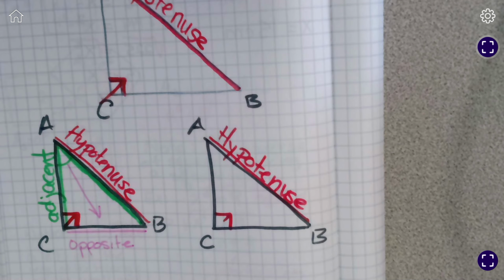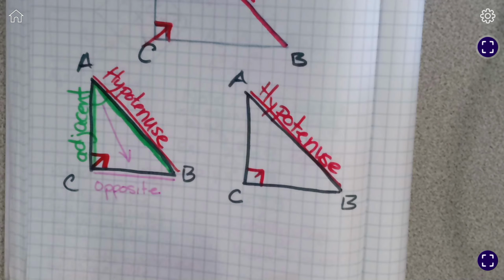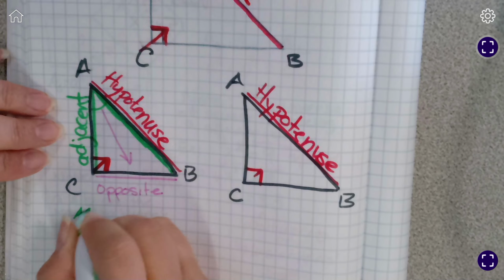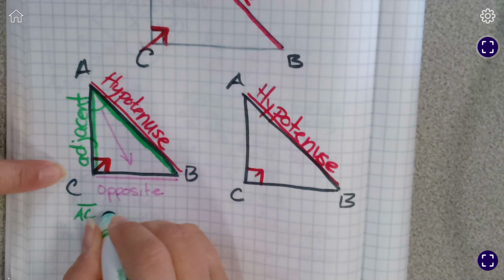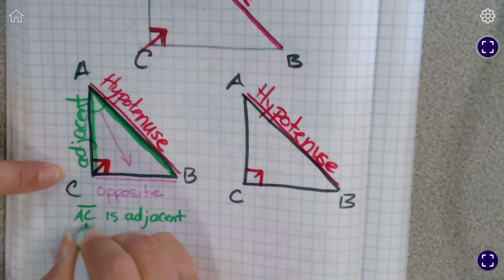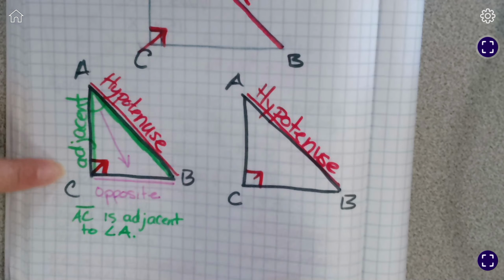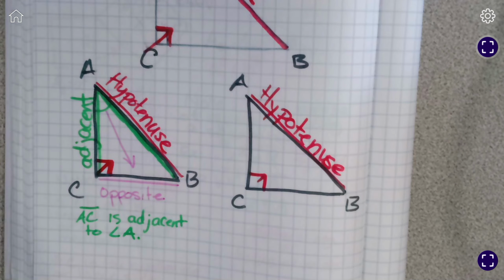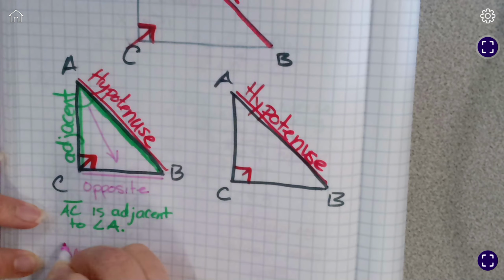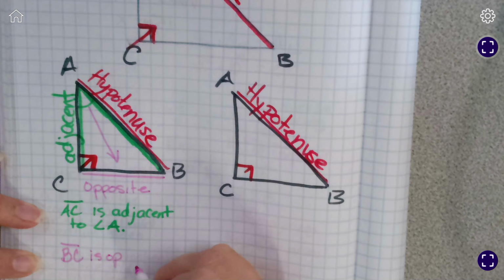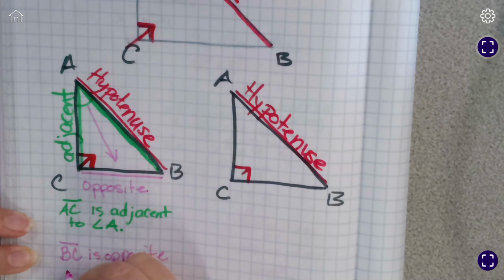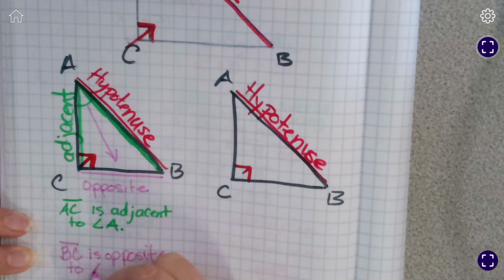So we can say that segment AC is adjacent to angle A. And we can say segment BC is opposite to angle A.